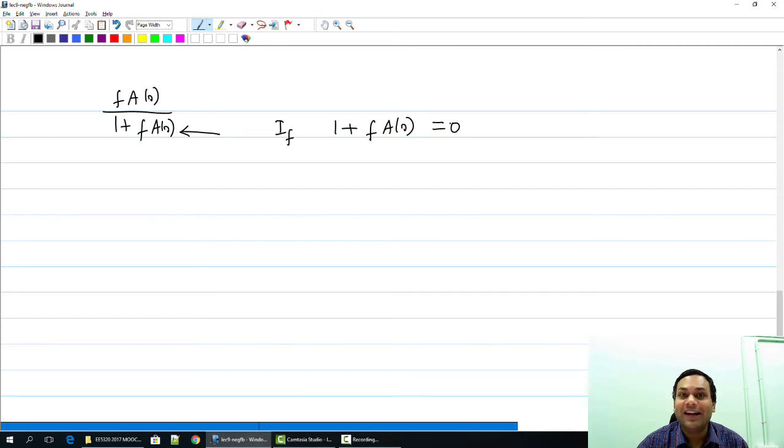It has both magnitude and phase. Therefore, it is possible for 1 plus F times A of S to become 0. What implication does this have for the system?